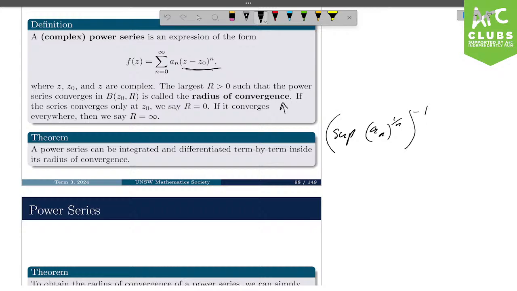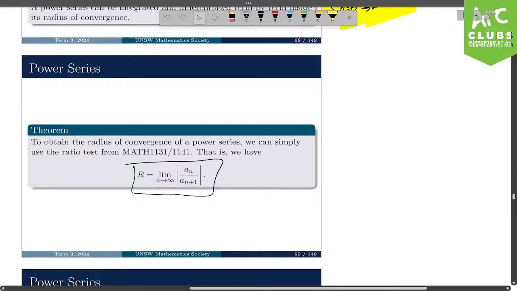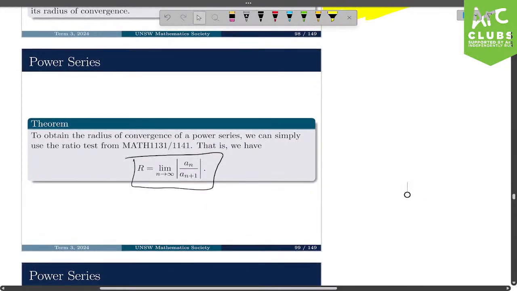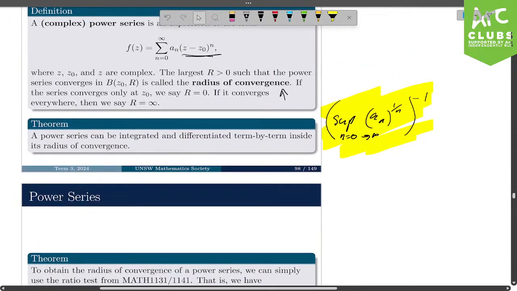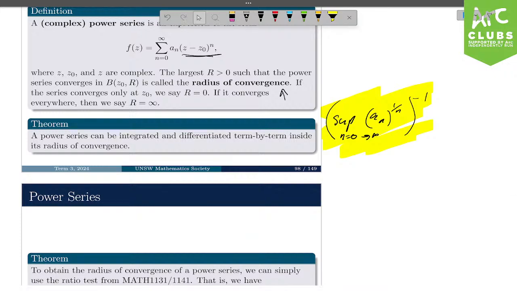Okay, and this is the supremum on n equals 0 up to infinity. All right, so that's just the hard definition of it, which we can usually derive using just the limit. Okay, it's a funny thing just because it tells us at what point are we really going to 0 or going to infinity. Yeah, anyways.